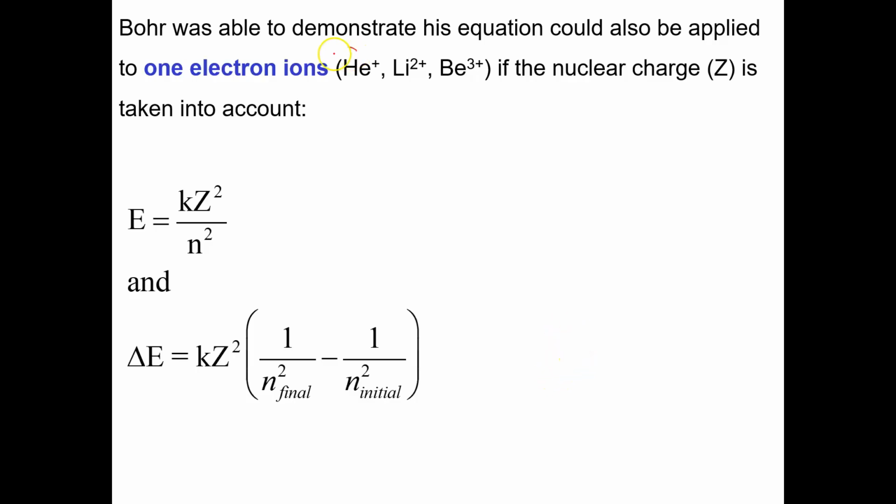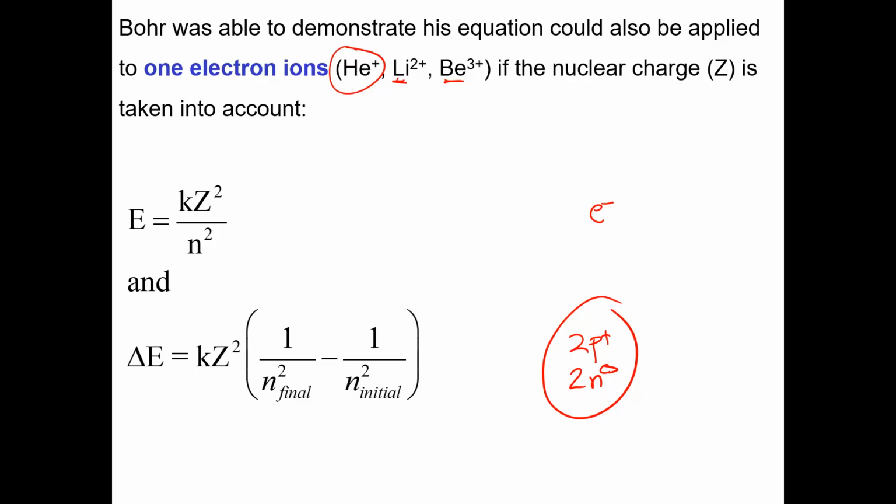You could have something like a helium nucleus, which has 2 protons and 2 neutrons. And as long as you had just the one electron, like you would in the He plus ion, you could calculate the energy of that electron. And similar for other one electron ions.